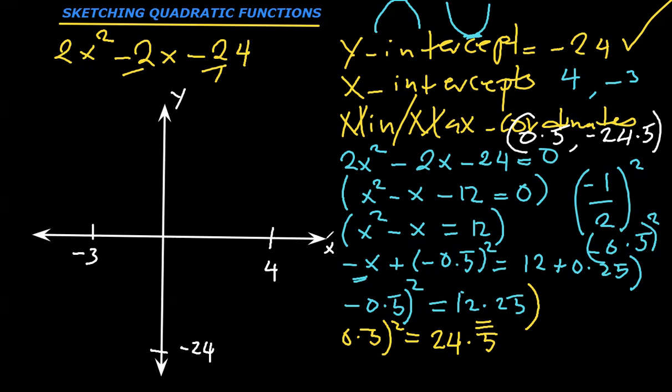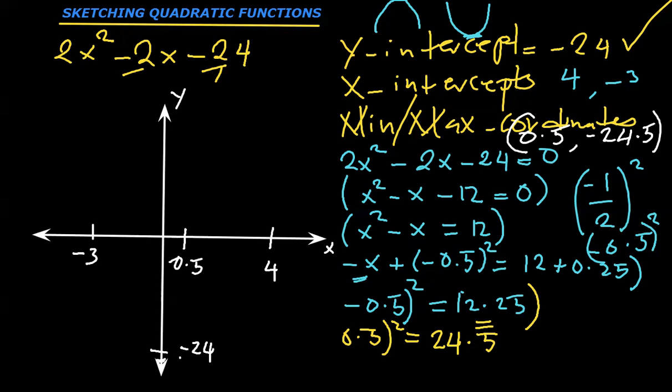So 0.5 could be here. I'll just mark it there and call that 0.5. Negative 24.5 would be slightly below 24, so it could be here. So it means my minimum point would be right there.